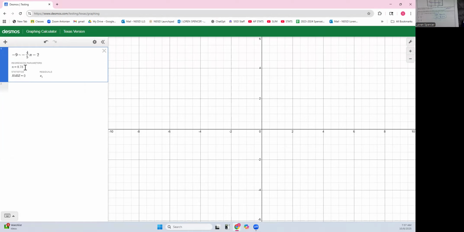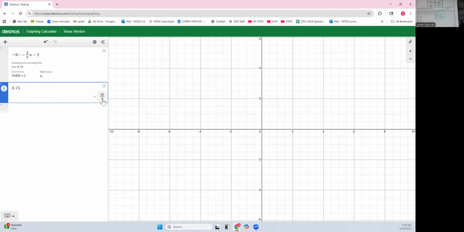And I end up getting 8.75. Yeah, I don't like that. Let's take that 8.75, copy it, make another number. Put that 8.75 there and see if we can get it to turn it into a fraction for us. And it did. I just hit the little circle on the side and it gives me 35/4.